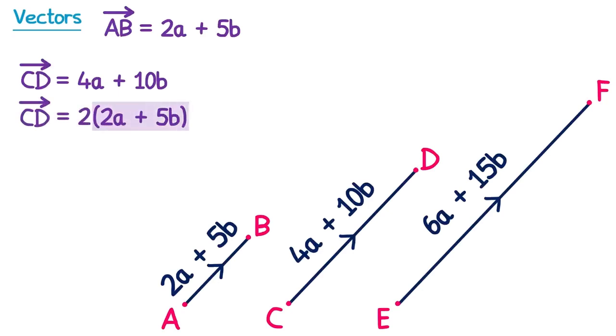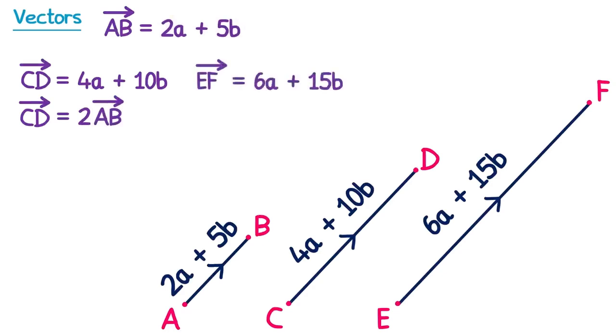But this part here, 2a plus 5b, is exactly the vector AB. That's 2a plus 5b as well. So we could replace that 2a plus 5b with the vector from A to B. In a similar way, the vector EF is 3 lots of the vector AB.